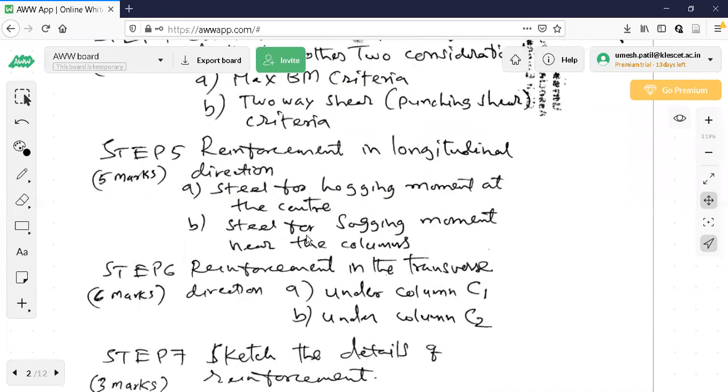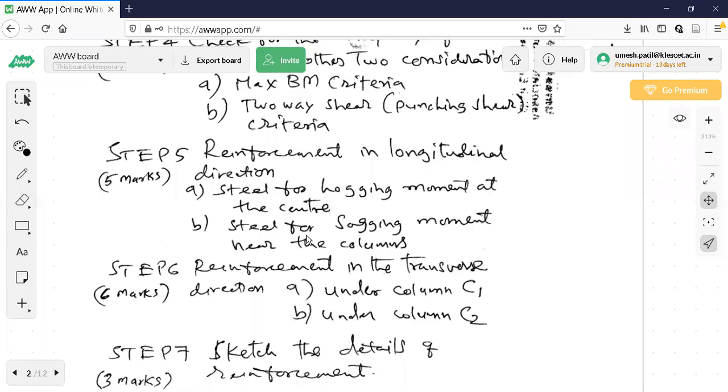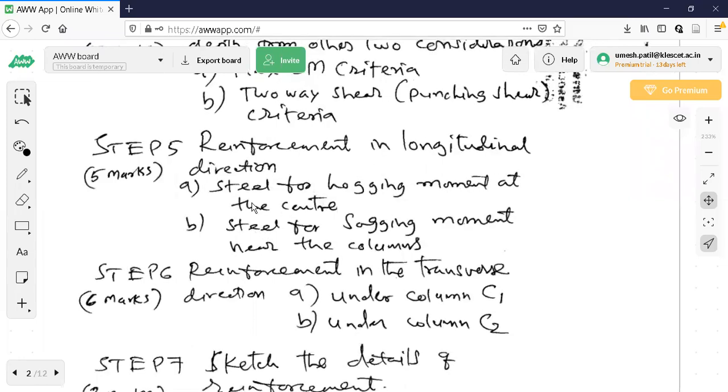So let us see this here. What you should understand is that whenever there is a hogging moment, the tension zone will be above the neutral axis, as in the case of cantilevers.